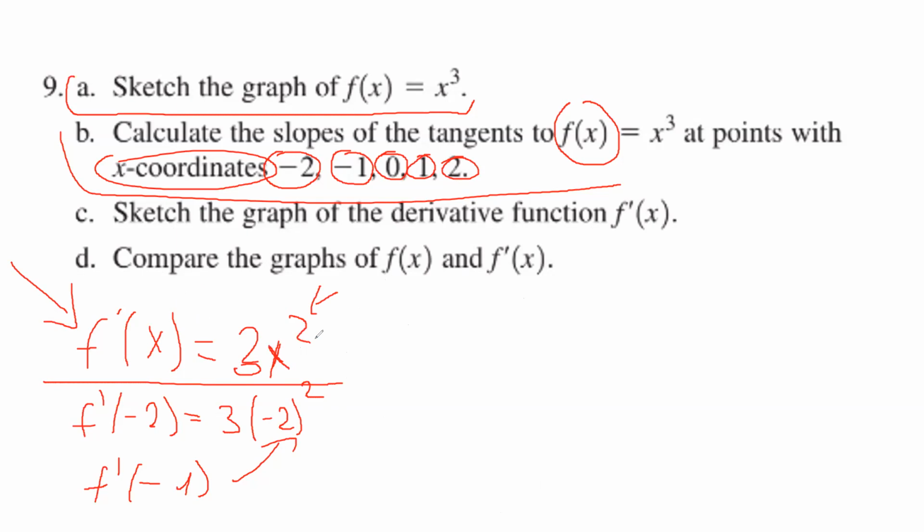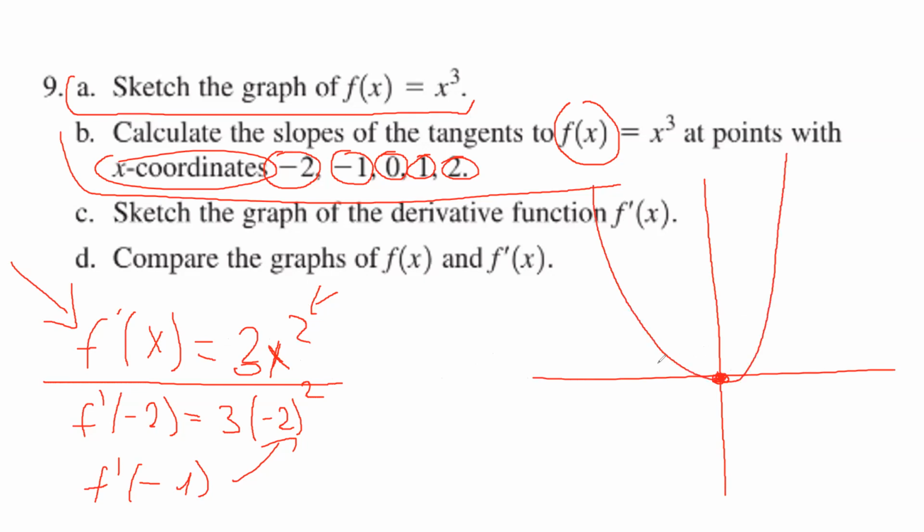It's already going to be a graph, and right away we see it's a parabola. It's going to be the parabola looking up because it's not negative. You see, we just need to find 0, the bottom point of this parabola is going to be at 0, right? It's going to look like this. Okay. So this is the graph of the derivative f prime of x and x.